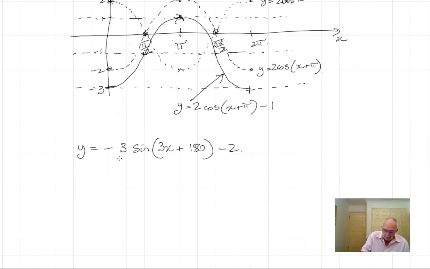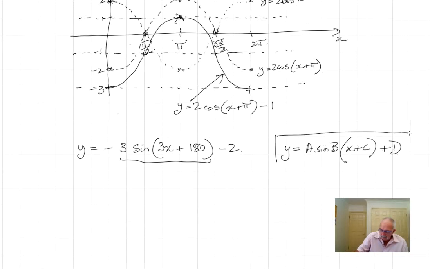If you've got something like that, bear in mind that our standard form is y equals a sine b open bracket x plus c, close bracket, plus d. That's the general form for all transformations. At the moment we don't have it like that. We've got a bracket here and we've got 3x plus 180.